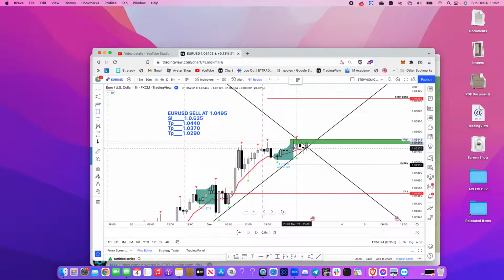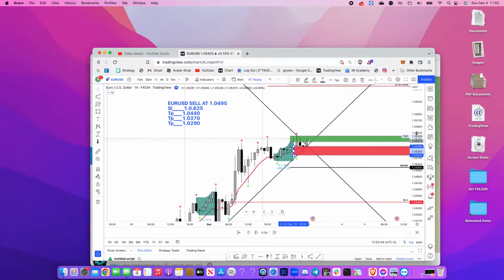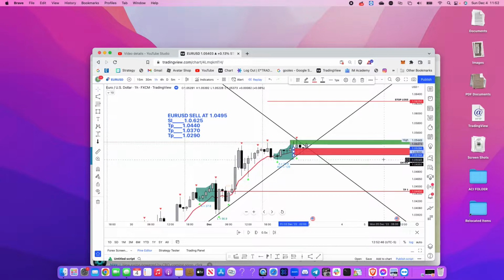This is on the 1 hour because I'm going to drop down. I'm trying to find the best entry. So I'm going to just take those 3 wicks right there. So anything under here, I'm going to be looking for sells. Now you did that, you see whoever got these signals from, this is what they're saying.